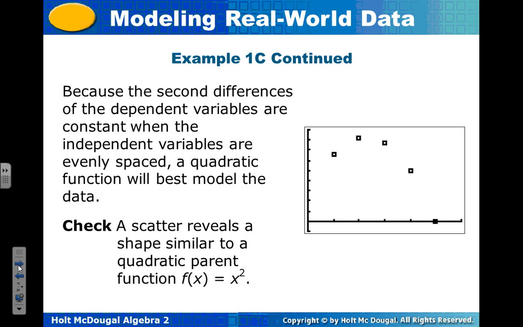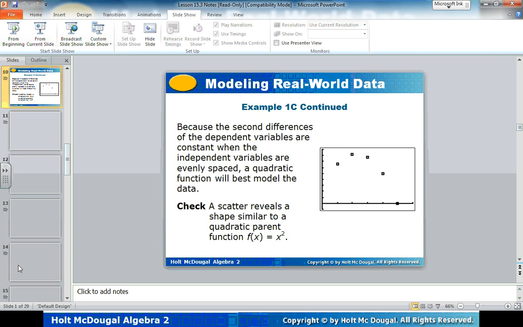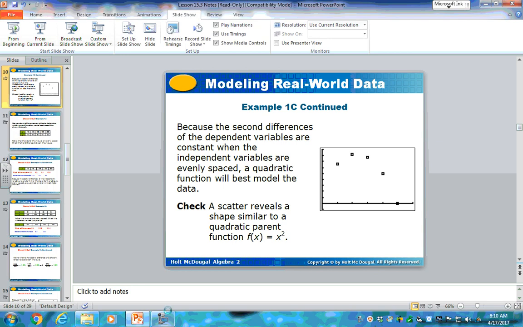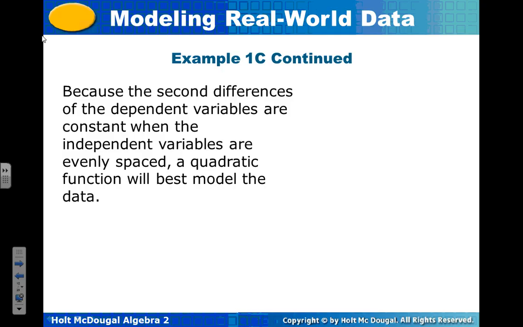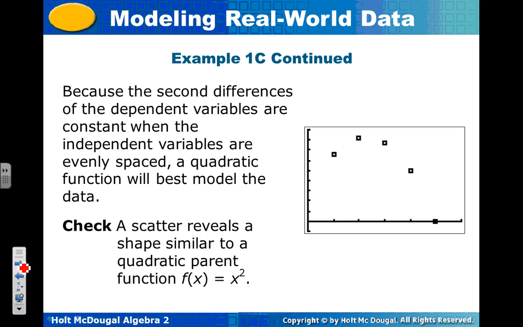And you can see how that graph goes up and comes over. It's an upside down U shape. So on your sheet of paper, for this one, just write down quadratic.